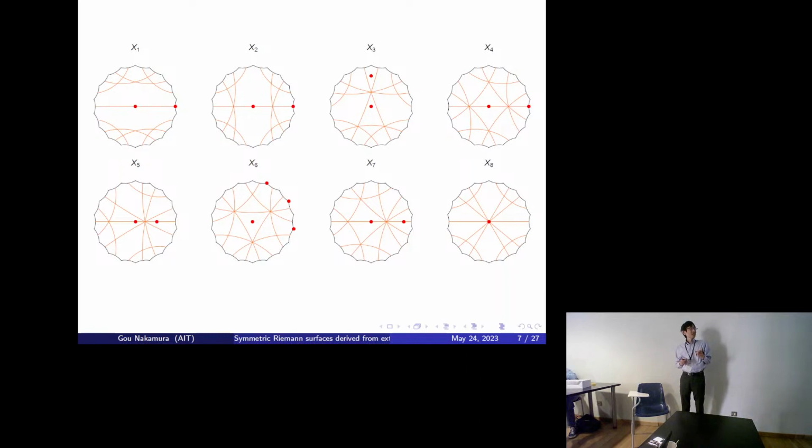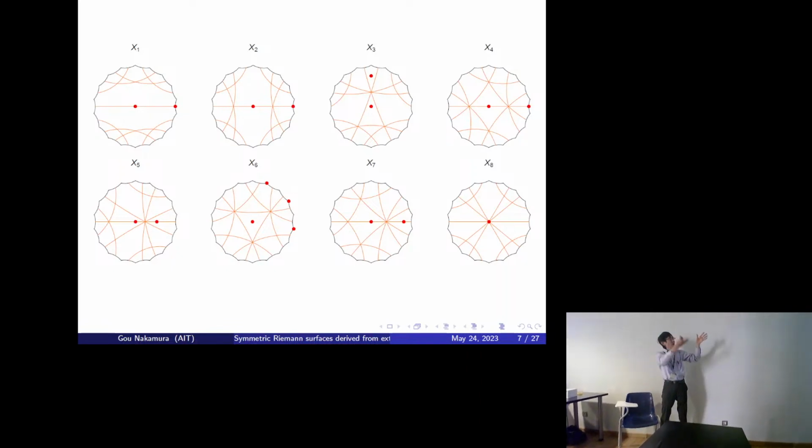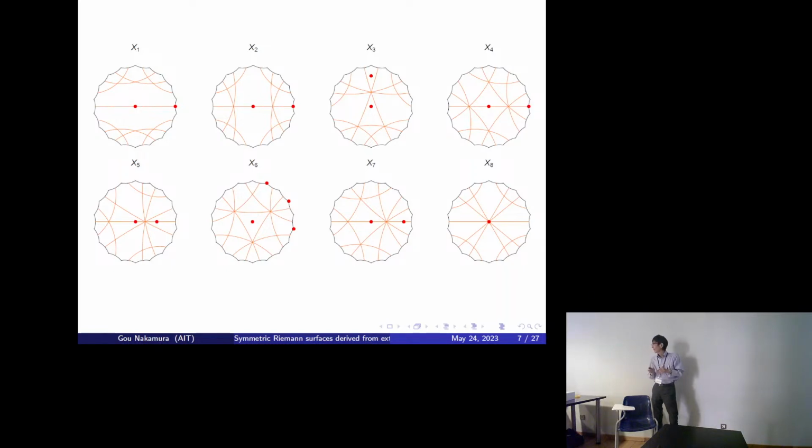So, essentially there are 8 side patterns. And the two sides connected by orange curves are paired, identified on the surface. And the red points indicate the centers of extremal disks.